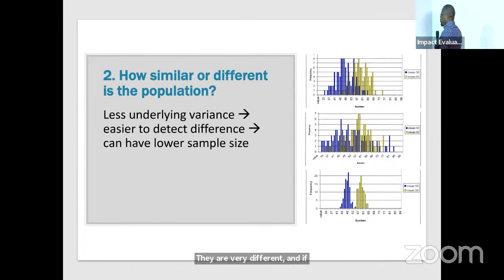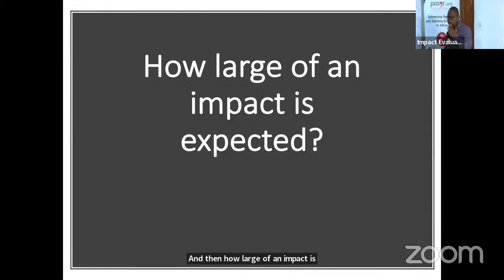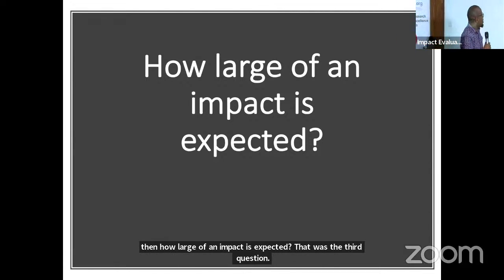We'll answer that. But it's very important to think of how similar or different the population is. And then, how large of an impact is expected? That was the third question, right? How large of an impact is expected?